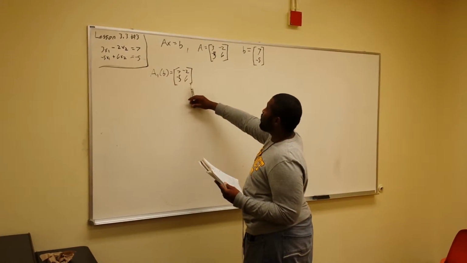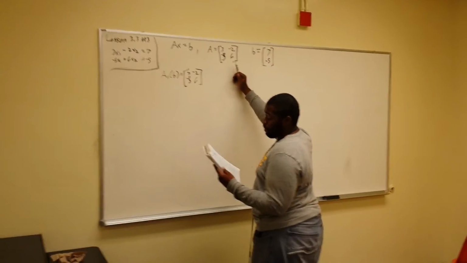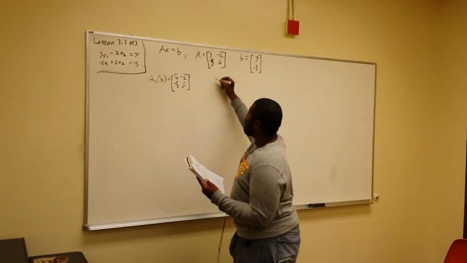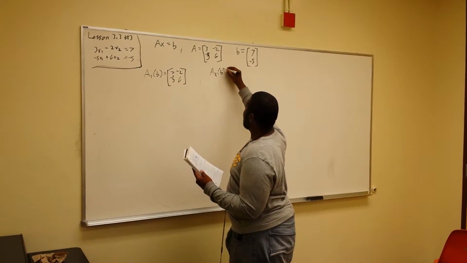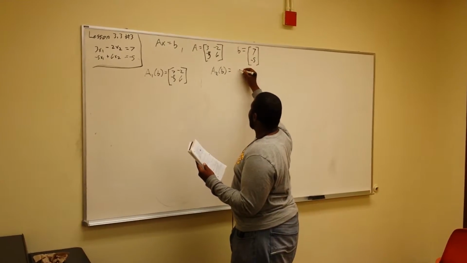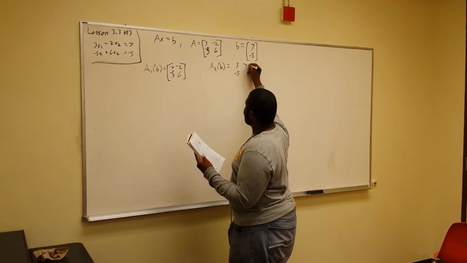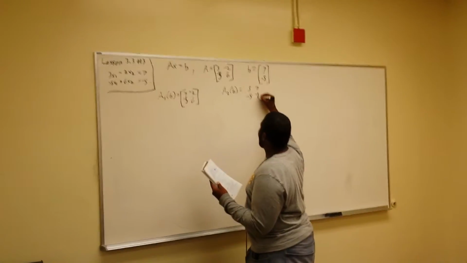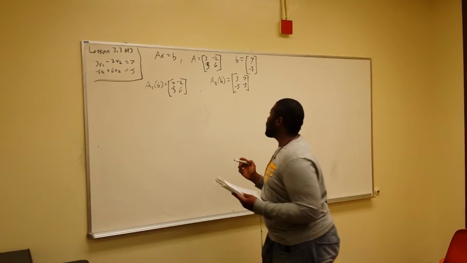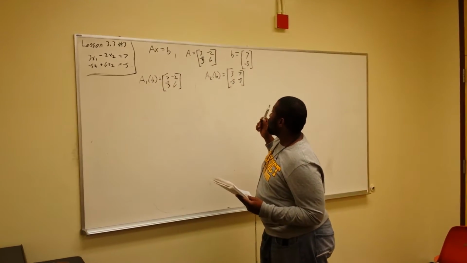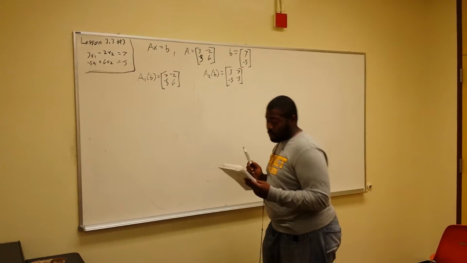We get the second half of it from the right side of our A. For A2 of B, we're going to have 3, negative 5, 7, negative 5. And we do the same thing as before, except here we have the left side of A followed by B.